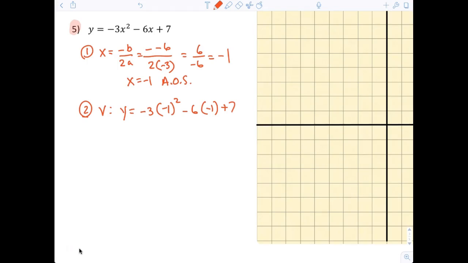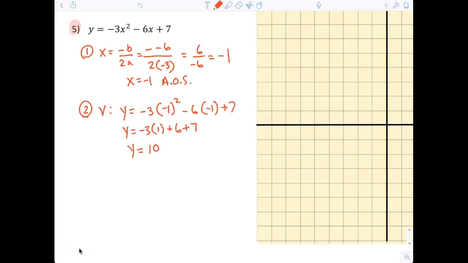So now, y equals -3 times 1 plus 6 plus 7. That'd be 10. So y equals, someone tell me, 10. Good. Now you understand, right?